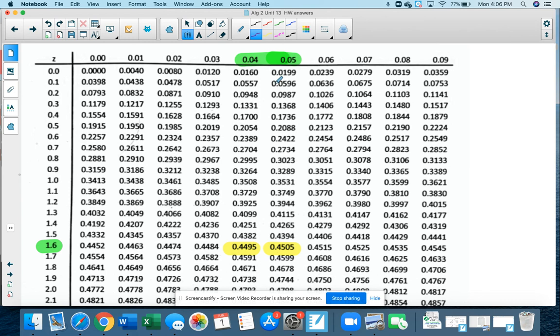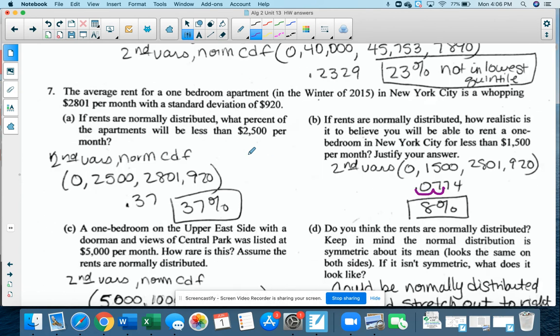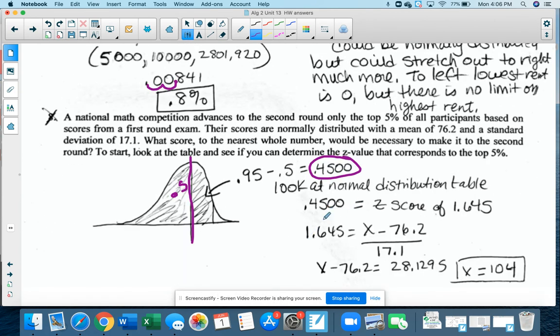So you use this table to find your z-score. If you know your z-score, you can find that standard deviation in there. So now that I know it's 1.645, that's what I just looked up in the table, and I'm using my z-score formula. So the z-score, 1.645, equals the score x minus the mean, which I got from my problem, 76.2 right there, divided by 17.1.